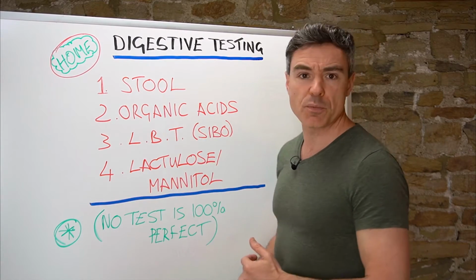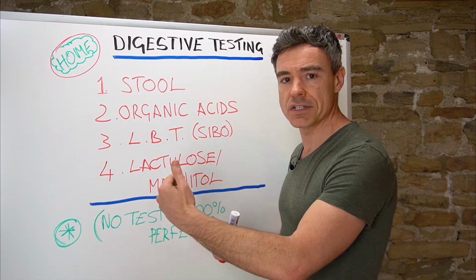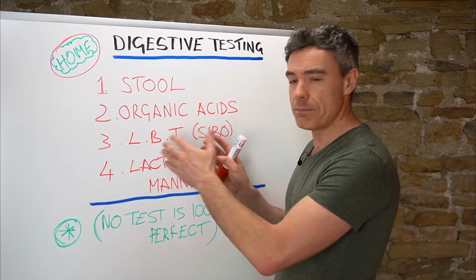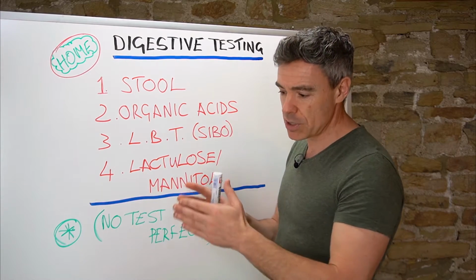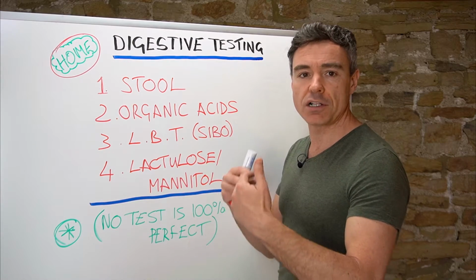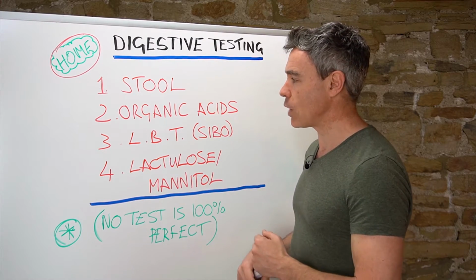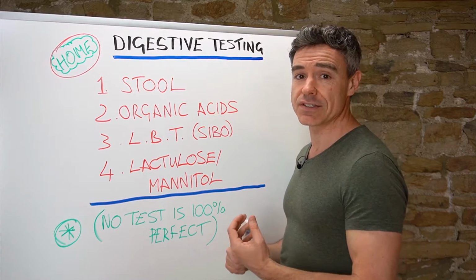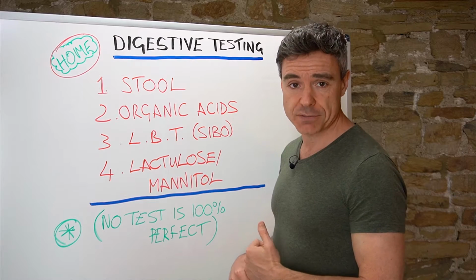But it does have to be interpreted carefully, because some of those markers can actually be caused by other factors as well. And so you need to mix the organic acids test in with a really detailed analysis of symptoms, lifestyle, diet, nutrition, and things like that as well. But the organic acids test can be really, really helpful. Sometimes it finds things that the stool test can miss.